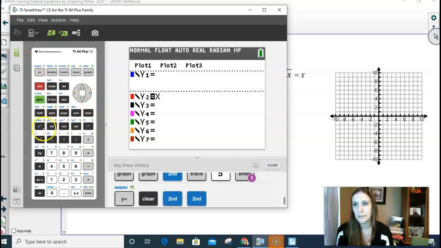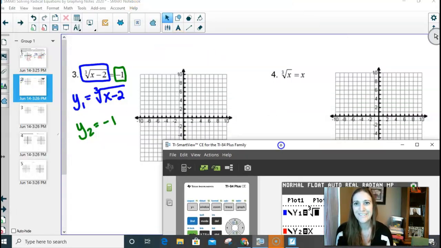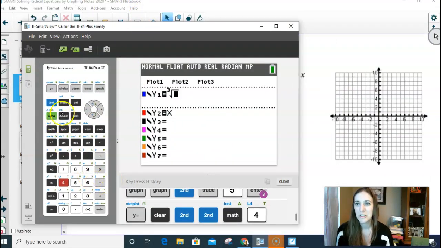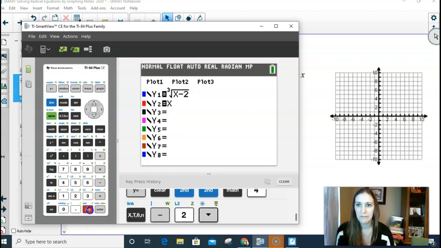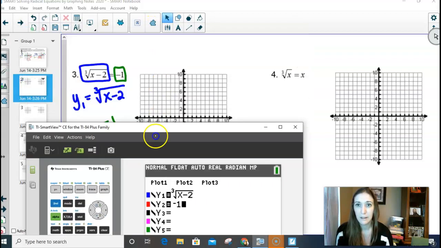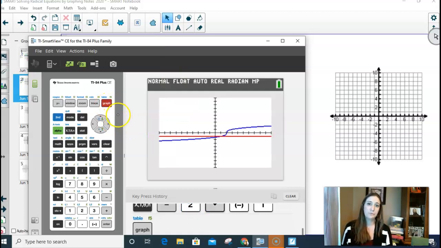It was the cube root of x minus 2. Make sure you type a subtraction sign for the minus, and not a negative symbol for that. And then it equals negative 1, I think.